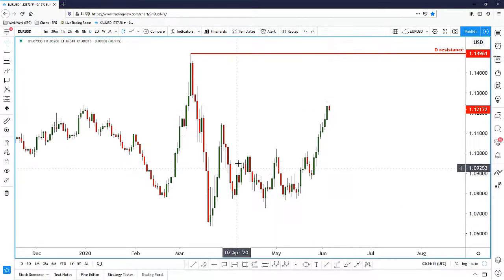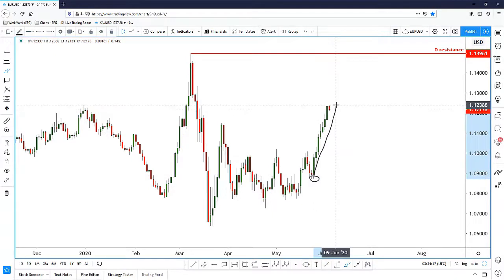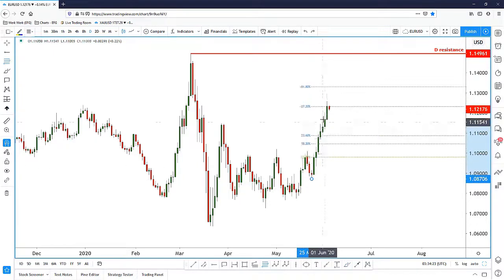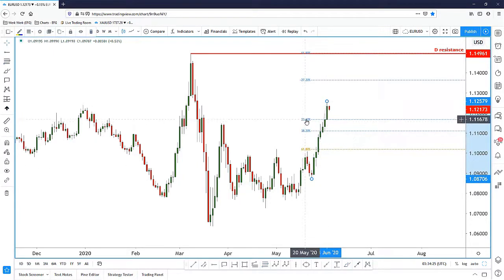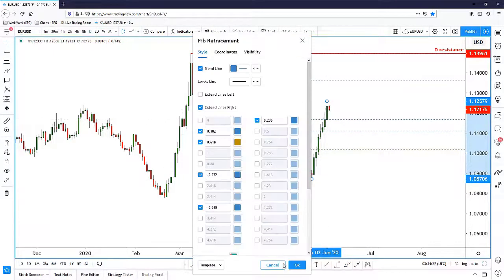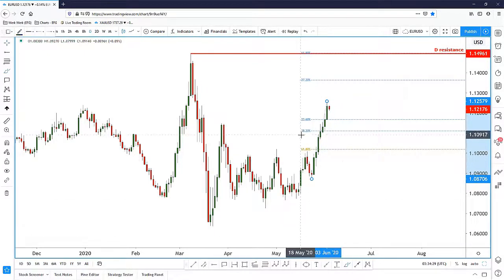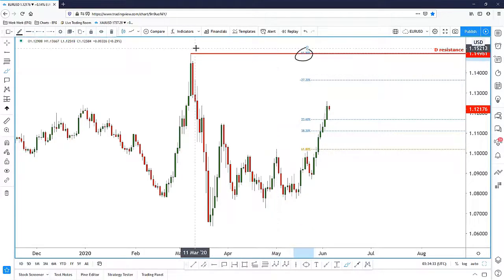At the same time, we see that there is a low here and market made a strong push to the high here. So I want to use a Fibonacci retracement from the low to the high. Before I open all Fibonacci ratios, I think it's already telling that the negative 61.8 Fibonacci retracement falls in line with the daily resistance.